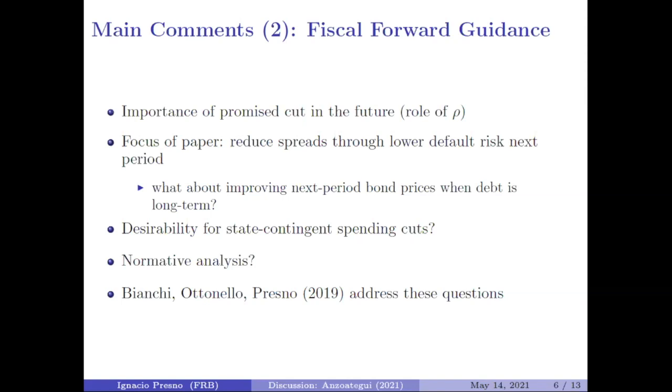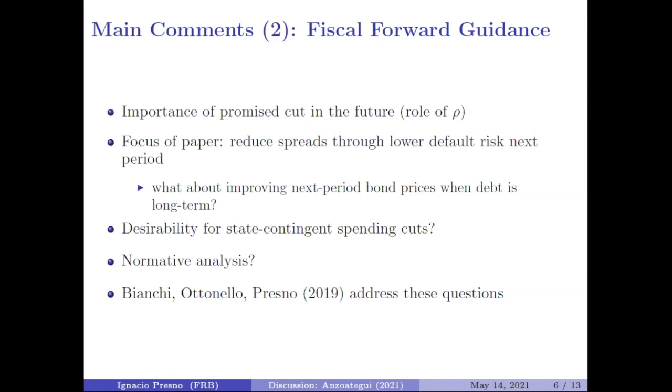Okay, then another important point to highlight is that spending cuts tomorrow could be state contingent, so we would only have them in certain states of nature. This is important because Diego highlighted as well that the economic conditions tomorrow are key for the effectiveness of these policies. So this is something that the model could potentially accommodate.